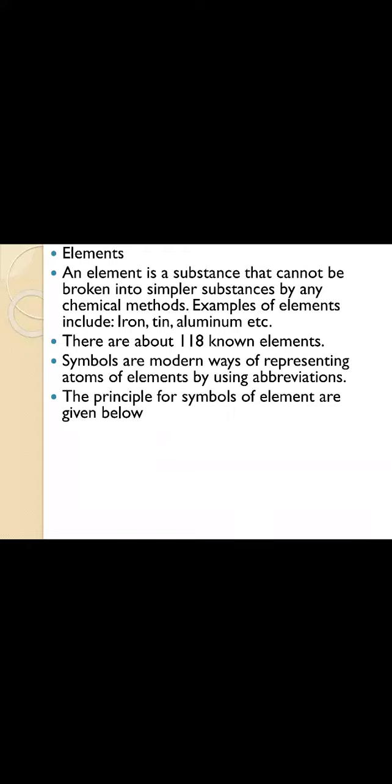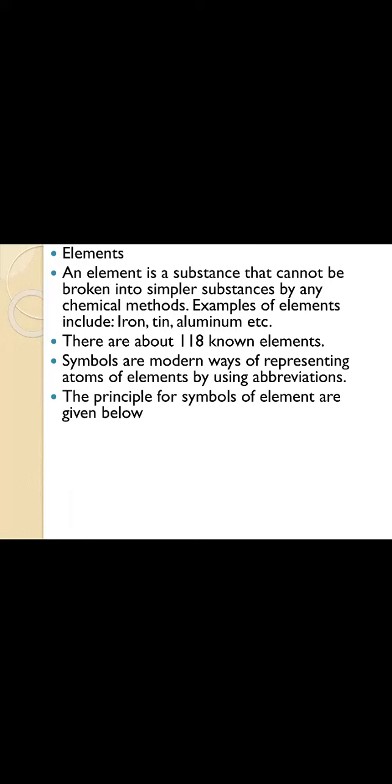Now, that moves to the other part, which is element. Elements are substances that cannot be split by any chemical method. Examples are chlorine and oxygen, the air we breathe in.